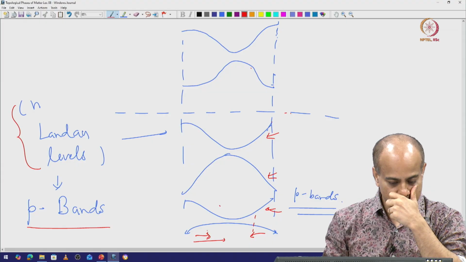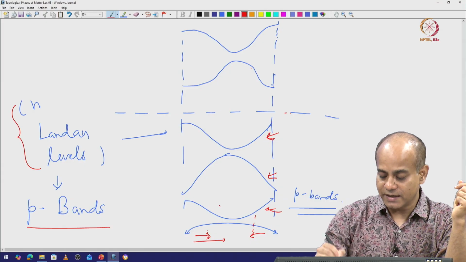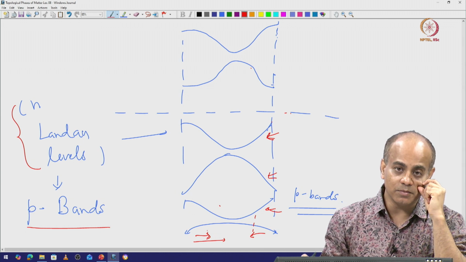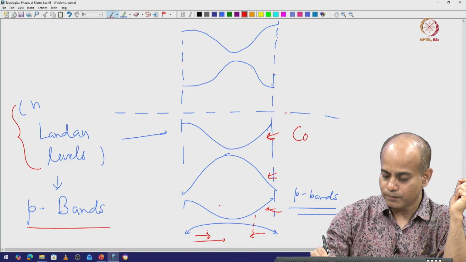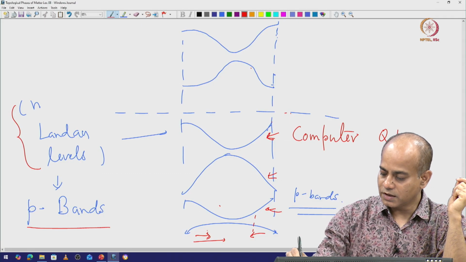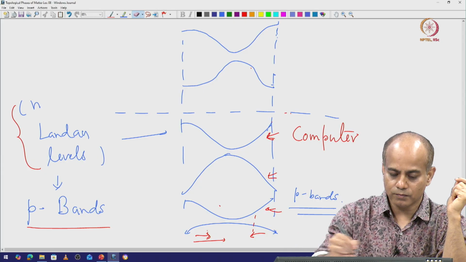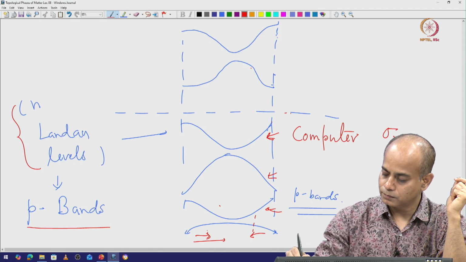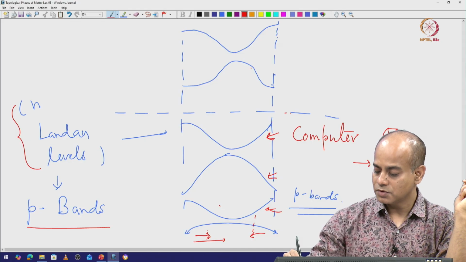You can also see it numerically, but what is more interesting, and why the TKNN number is more famous, is because they computed the quantum Hall or Hall conductivity and showed that it is related to the Chern number.